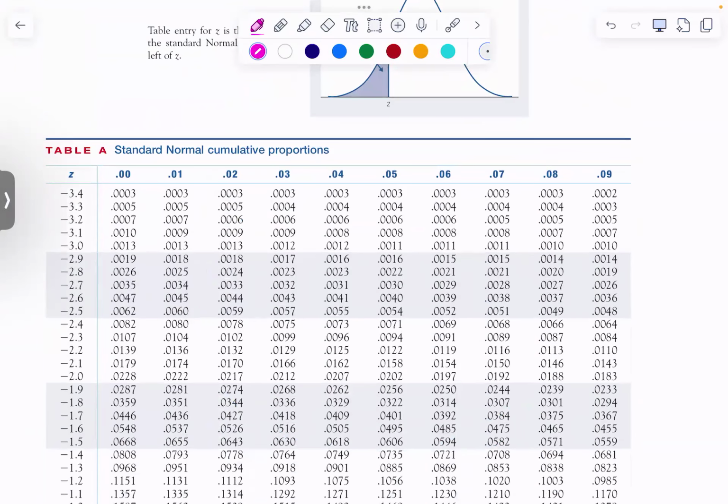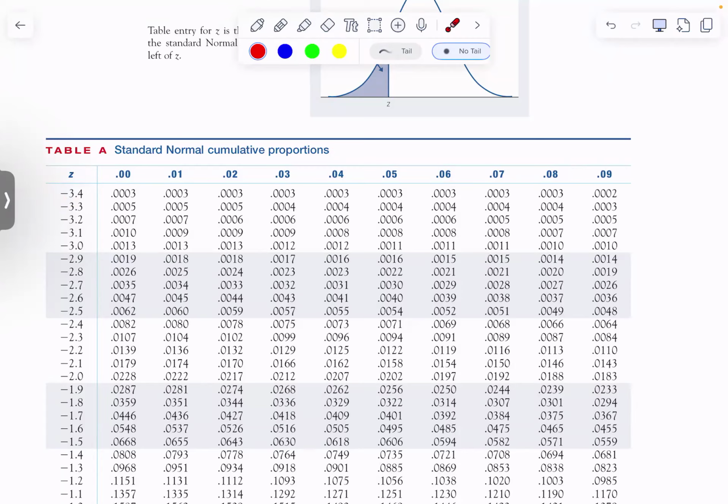What you'll notice is, there's not really a first page, second page, but if we start over here on our negative Z's, with Z up in the corner, I think it's kind of intuitive how you use this. You've got your Z of negative 3.4, and then you've got your second decimal that you join up here.